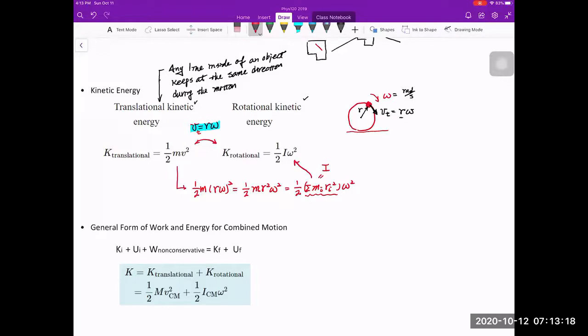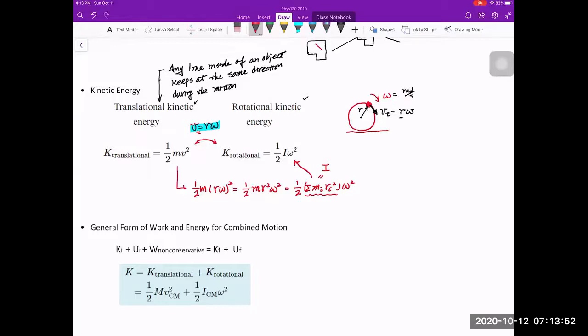So as long as the I is composed of several elements, then you can always use this way to find the rotational kinetic energy. Again, omega is not going to change for a whole body, and therefore omega is going to be constant. However, I will be the summation of each element's mass and its distance away from the center. Then you can calculate the rotational kinetic energy.